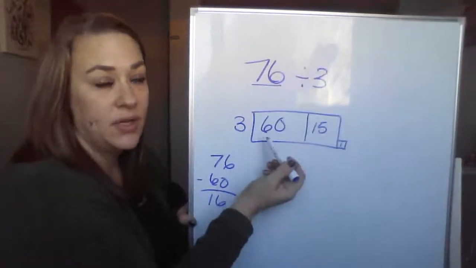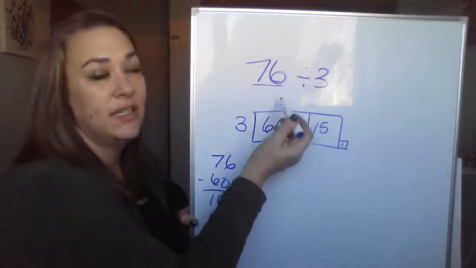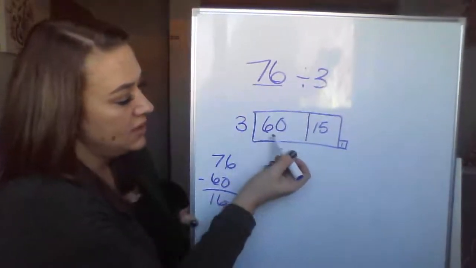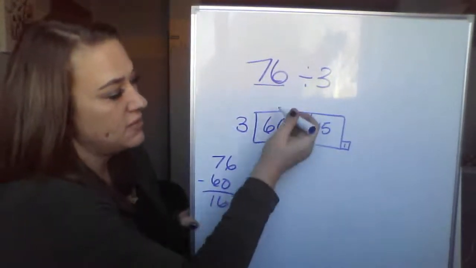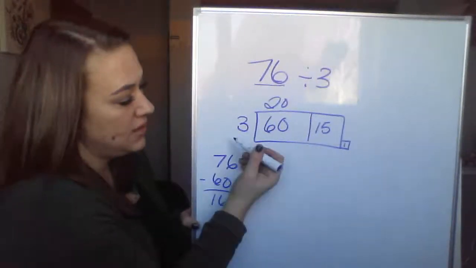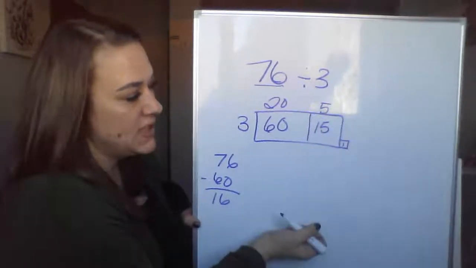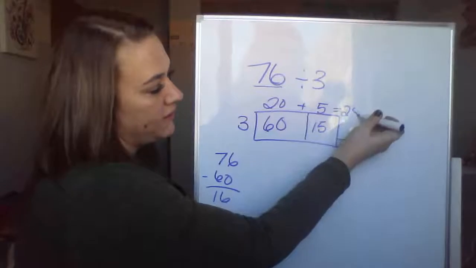Okay, so whatever we put in here has to be evenly divisible by 3. So 3 times 2 gets me 6. So 3 times 20 gets me 60. 3 times 5 gets me 15. So 20 plus 5 is equal to 25.